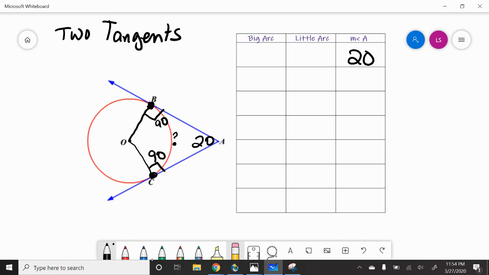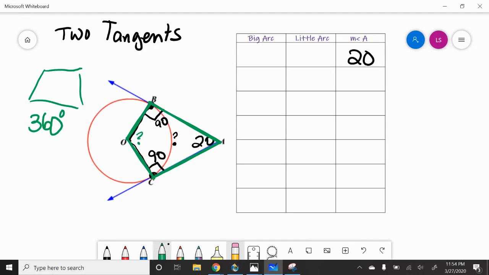Now notice that I have created a quadrilateral. And in my quadrilateral, I have 90, 90, 20, and then something. Now, a quadrilateral, you know how in a triangle the angles add up to 180? In a quadrilateral, the angles add up to 360.